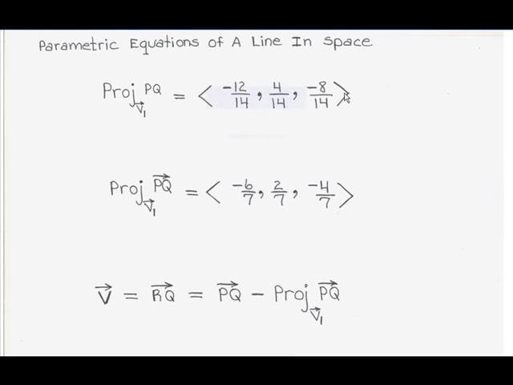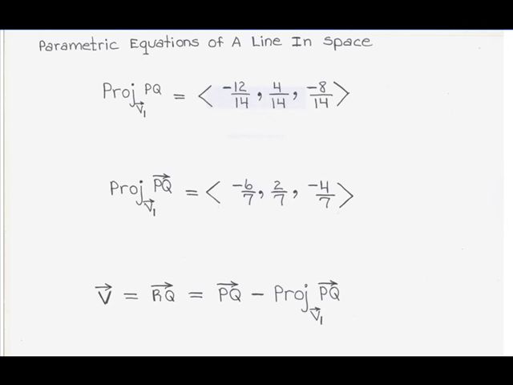Now I can simplify these fractions, and we now have the vector negative 6 over 7, 2 over 7, comma, negative 4 over 7. So now vector V is equal to vector RQ, and we found out that vector RQ is represented by vector PQ minus the projection of vector PQ onto vector V1.